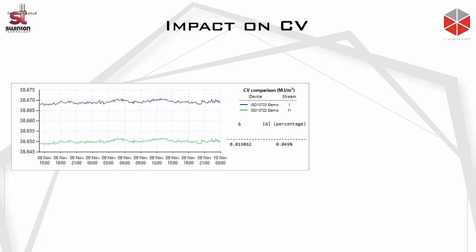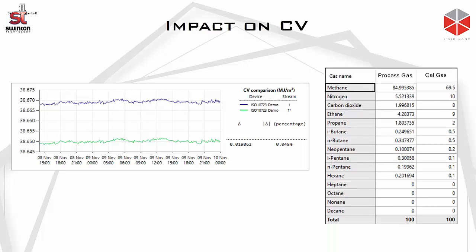We got a calibration gas here that has around 70% methane, and a lot of the other components are quite significantly different from the actual process gas composition. You can then see that the error introduced from the bias, from the non-linearity, is around 0.05%. In this particular case, it's over by 0.05%.